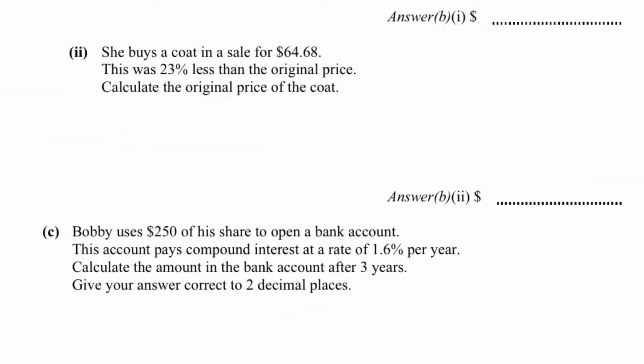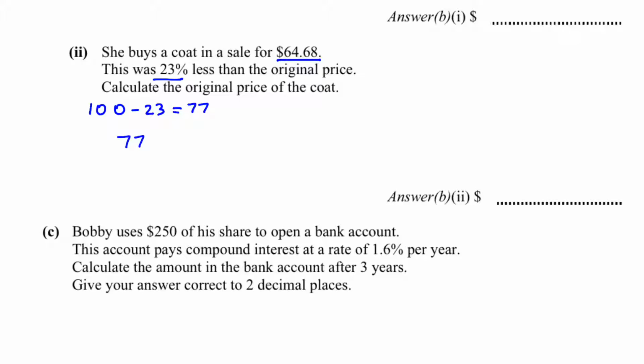Next question. She buys a coat in a sale for $64.68 and this was 23% less than the original price. Calculate the original price of the coat. So we have to find the original price, and 64.68 is 23% less than the original. So again 100 minus 23 will give us 77.